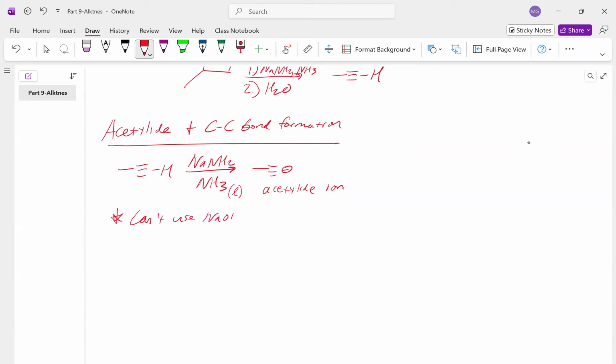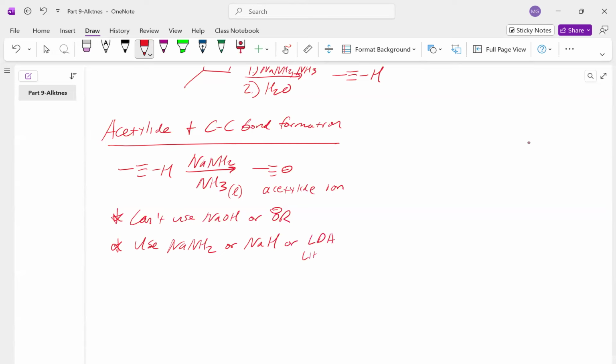Now, we can't use bases like hydroxide or alkoxide bases. They're not strong enough to do this deprotonation. So the most common bases that can do this, that I want you to know, we can use sodium amide, or we could use sodium hydride, or we could use something that's known as LDA.